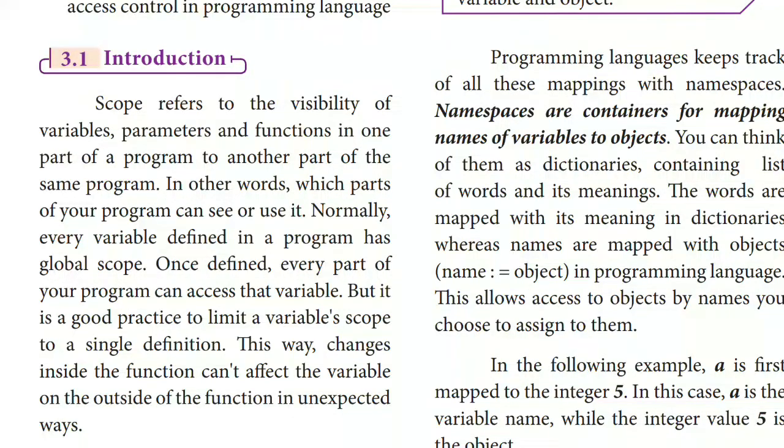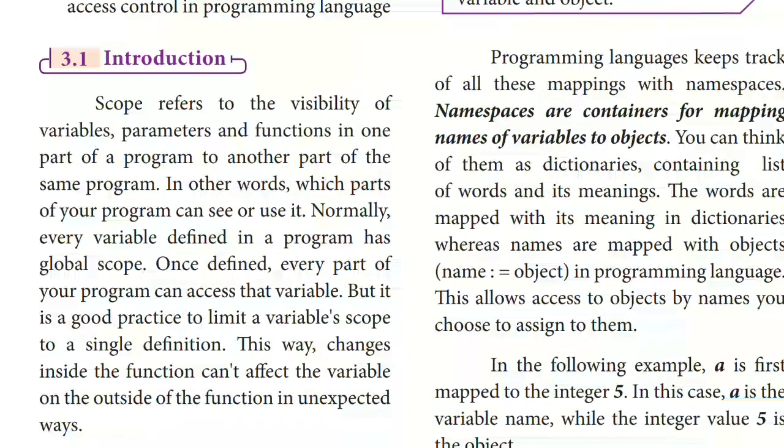In other words, which part of the program can see or use it. Normally every variable defined in the program has a global scope.